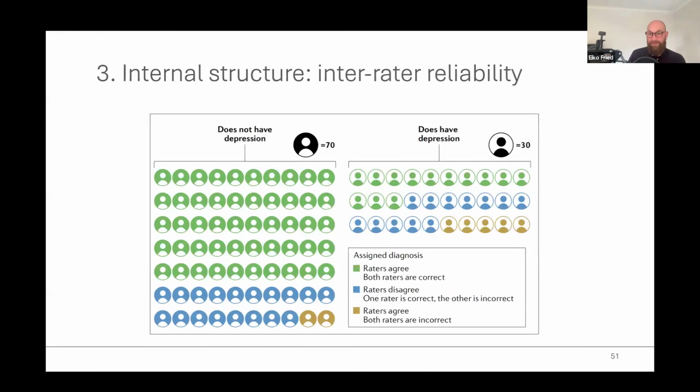And with the DSM-5 field trial kappa of 0.28, you can see that the green ones are assessed correctly, where both raters agree. The blue ones are assessed incorrectly, where one rater gives the wrong answer. And the golden ones are cases where both raters give the wrong answer, which is really, really common on the right side for does have depression. So this should really worry us, I think.